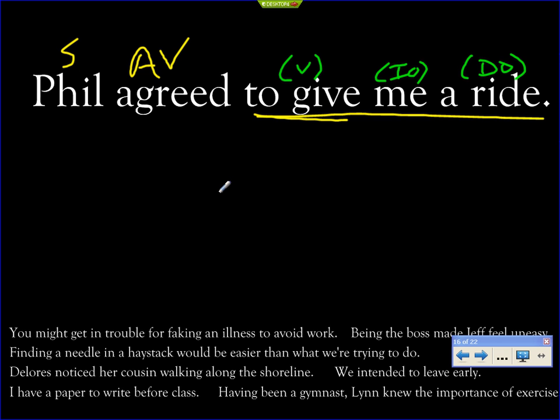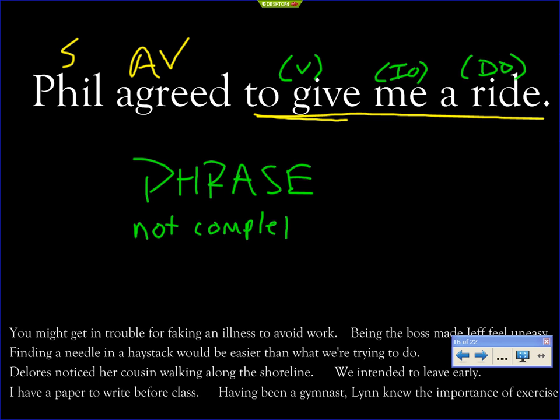Verbal phrases often look like little mini sentences. But what's it missing? It's missing a subject. That's why it is a phrase. Definition of a phrase? Not a complete subject predicate. That's true.